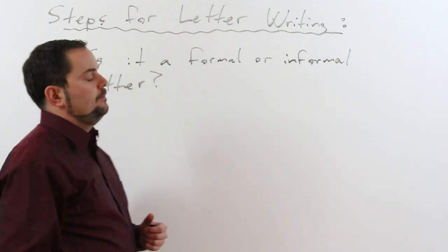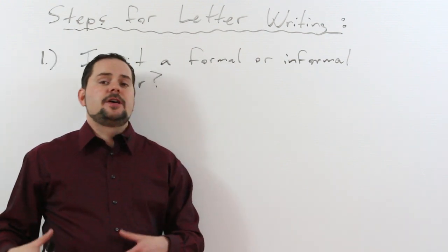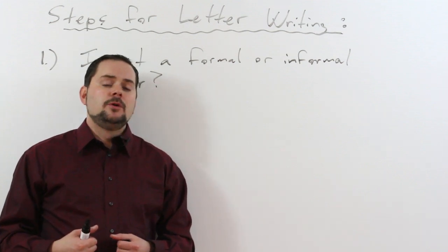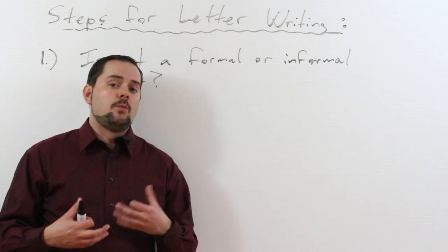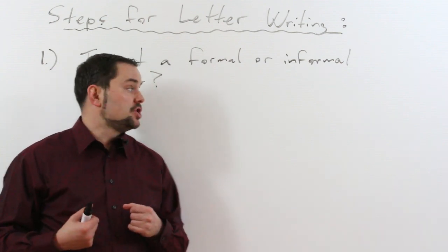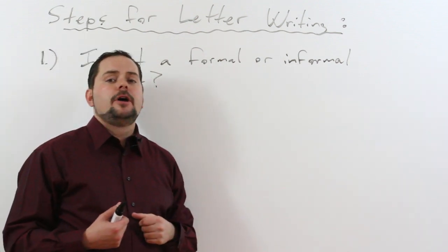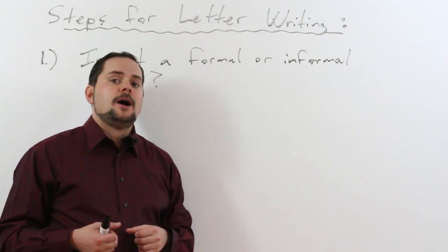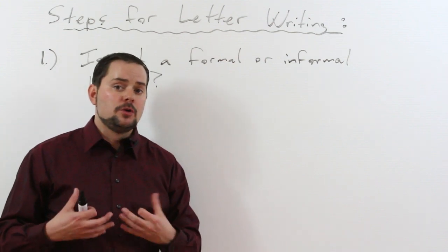Now, what this means is formal letters are business letters. They're letters that we write to our boss. They're letters that we write to companies, to people that serve some kind of a need or a want function in our life, but it's not a personal, emotional type of relationship. Informal letters are letters that we write to our friends, our family members, people who we emotionally care about and that we're close to.